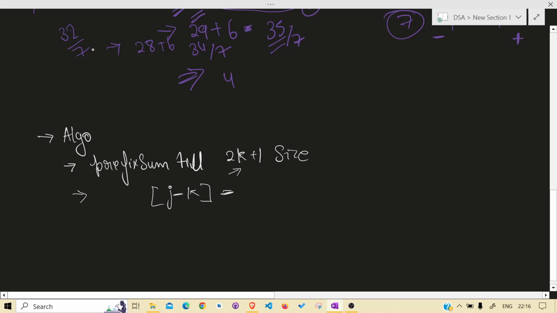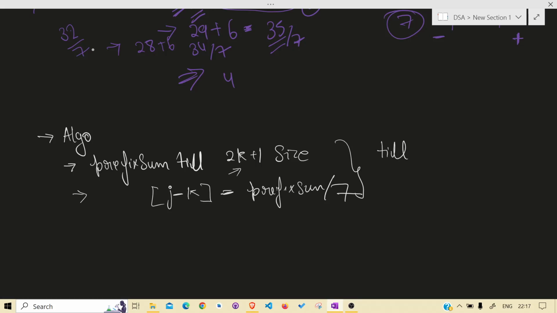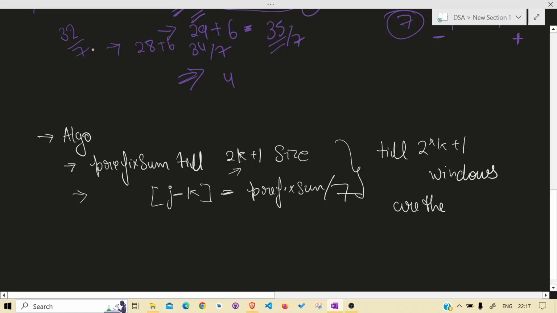store the prefix sum divided by 7, and do this till 2k plus 1 windows are there, and then again put -1 at the other places.